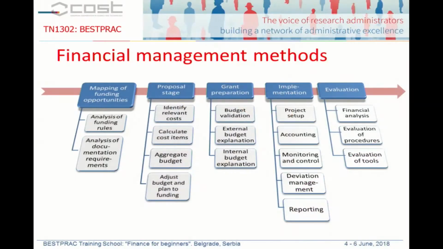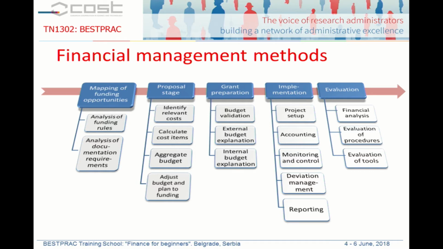That's for when you map different programs, what are we going to apply for? For the next stage, the proposal stage, the methods that I would argue are relevant are: you have to identify and understand what the relevant costs are in your organization. So for this kind of program with this kind of project, what are the costs that would occur in your organization?